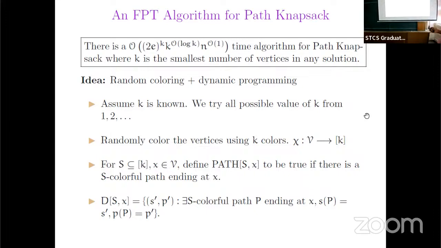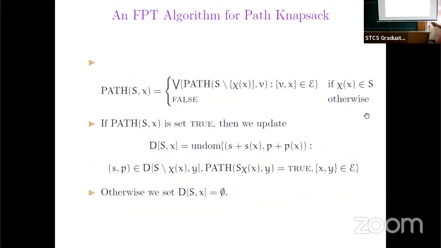How do I maintain this table? Suppose I have a set of colors S and a vertex X. I know the color of X, this is chi of X, and I go over its neighbors and ask, is there any S minus color of X colorful path ending at a neighbor V?